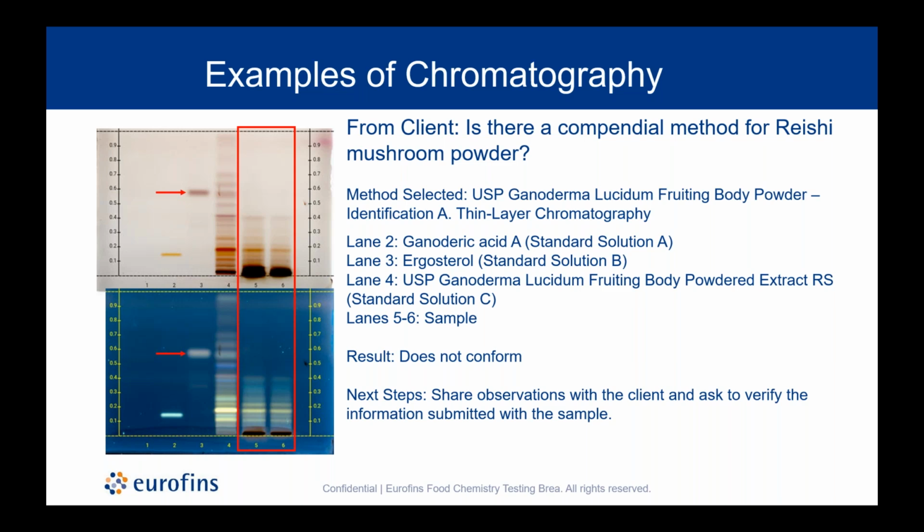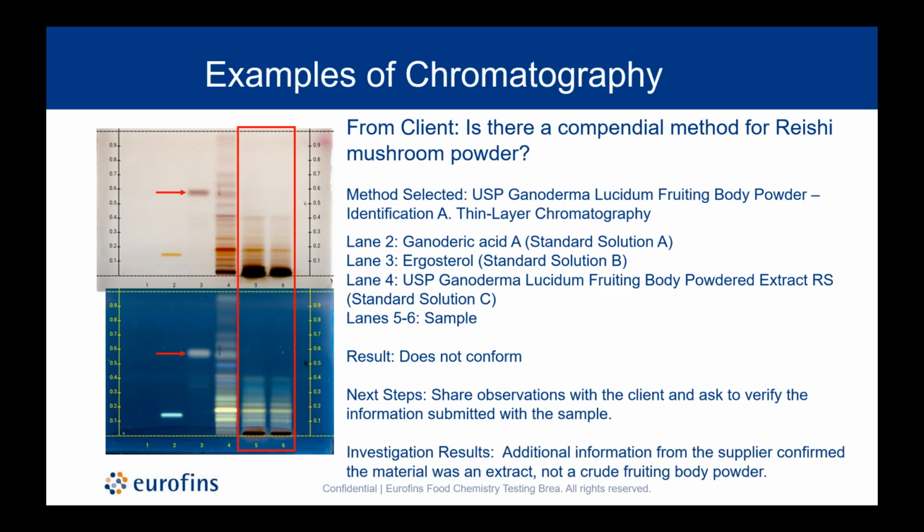And sometimes it requires asking the supplier of the material for additional information that wasn't known at the time of submitting. So in this case, in the results of the investigation, we were able to gather some details from the supplier up the chain and learn that the material was actually not a crude fruiting body powder, but it was an extract, which would not be in scope for this compendial method because it's not designed for this specific type of extract, and the acceptance criteria and the method's not validated for this type of material.